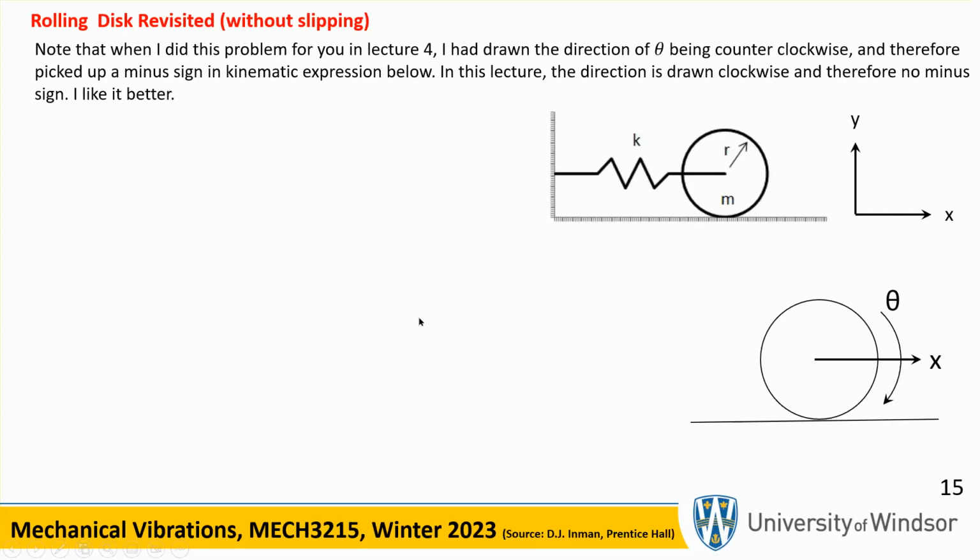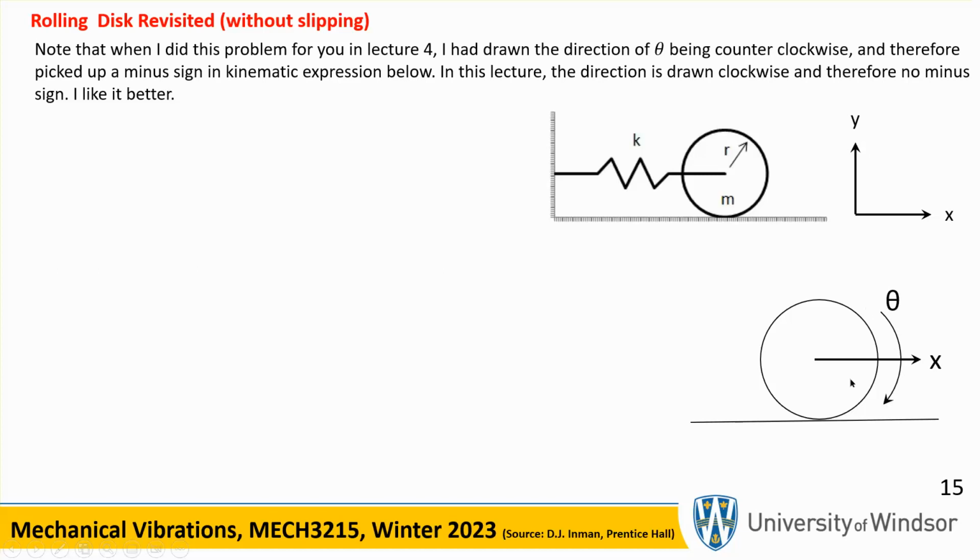Okay. So let me redo the problem that we looked at in lecture 4, but this time we're going to use the energy method. I noticed that when I did this problem for you in lecture 4, I drew the direction of theta in the opposite direction.